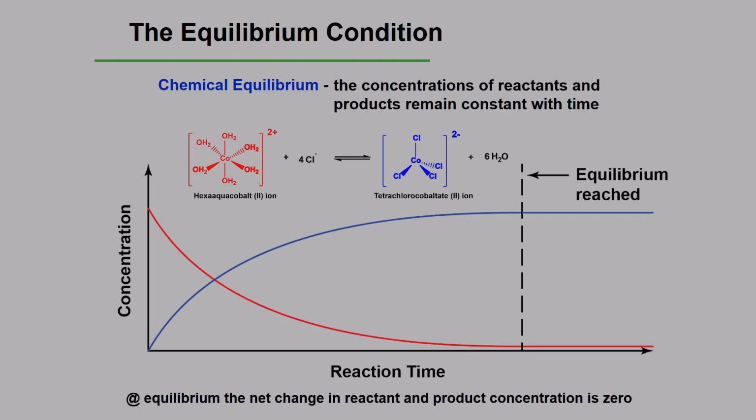If we look at the concentration of here hexa aqua cobalt ions as a reaction proceeds, we can see initially the concentration of those is quite high, and they will be consumed as we start producing these tetrachlorocobaltate ions. We say that the reaction has reached an equilibrium when there is no net change in those concentrations.